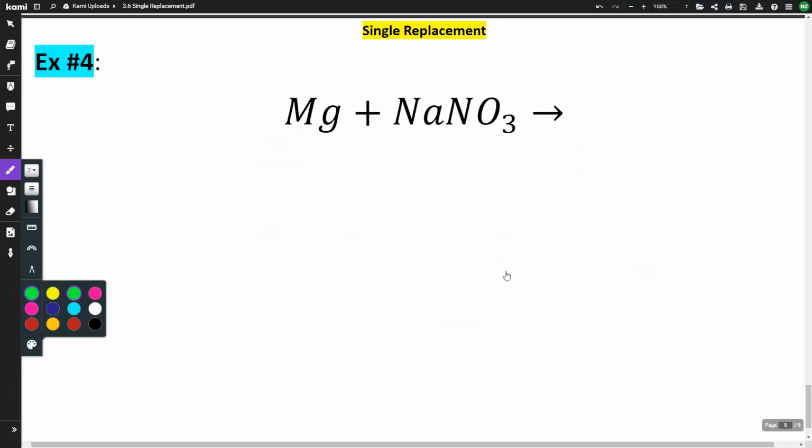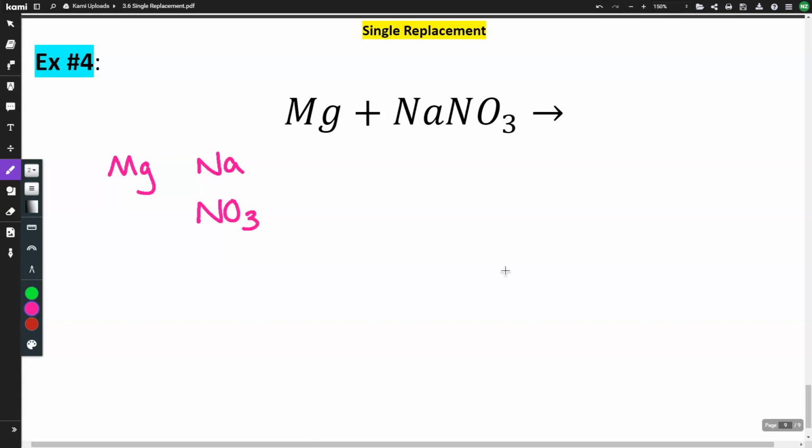All right, last one. So we have magnesium, we have sodium, and then we have nitrate, NO3. So magnesium is +2, sodium is +1, nitrate -1. So magnesium is going to pair up with nitrate.